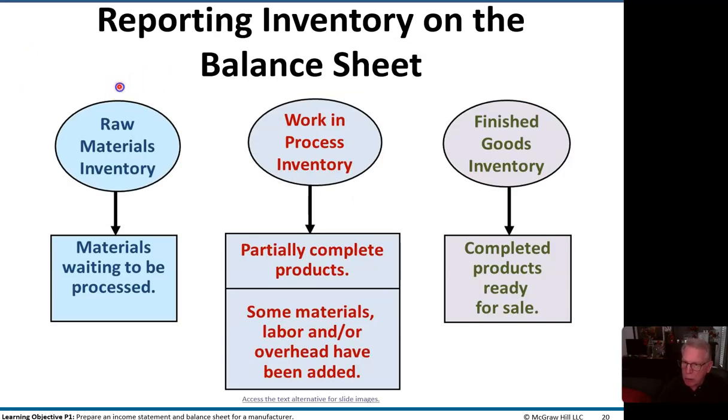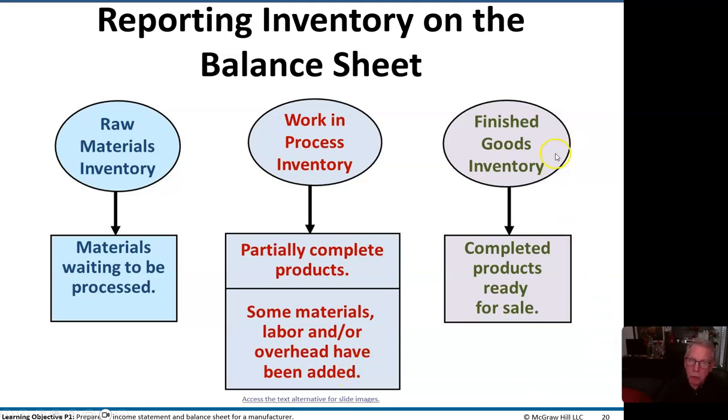Again, we have our raw materials inventory. Those are materials that are waiting to be processed. Work in process inventory is when we requisition that material out to the plant floor and begin to complete our products. What remains in work in process are partially completed products, and they will include some materials, some labor, and some overhead that's been added to that point, but have not yet been completed as a finished good.